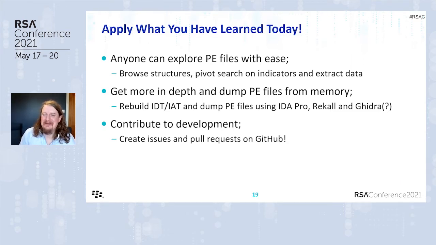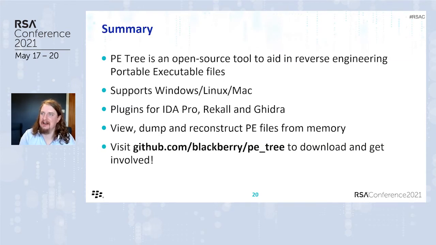Long term, if people are interested and able, I'm more than happy for anyone to create pull requests on GitHub to contribute to development. Or at the very least, if there are features or you encounter issues and bugs, feel free to create a ticket on the GitHub page, and I'm happy to look into that.